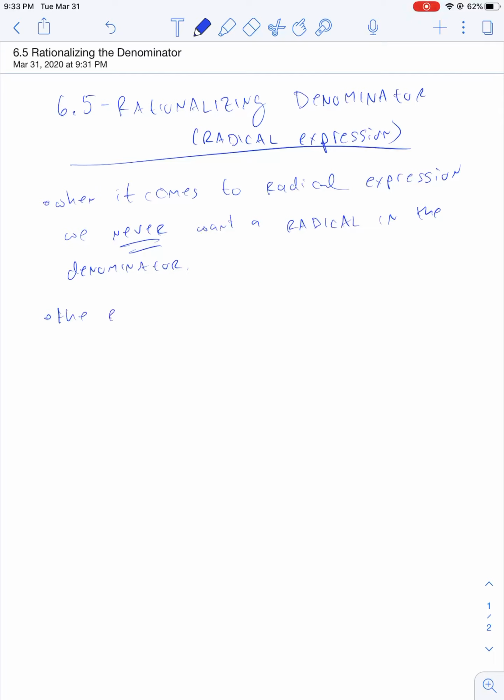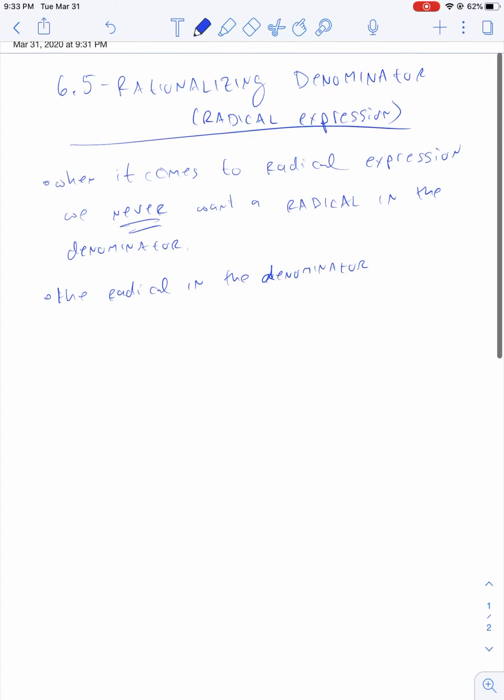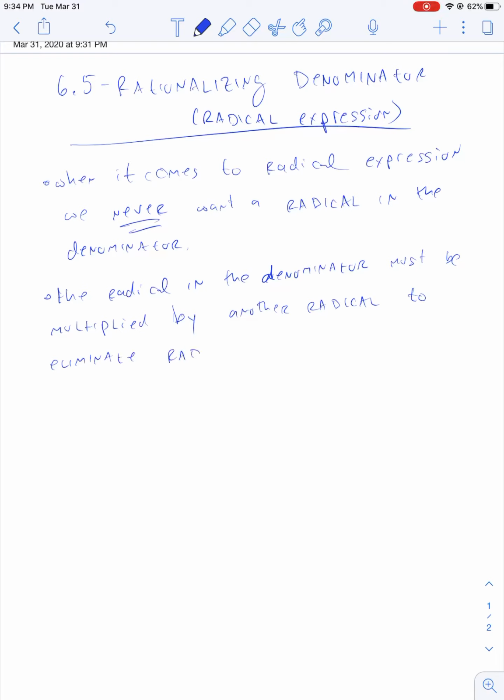So the radical in the denominator must be multiplied by another radical in order to eliminate the radical in the denominator.